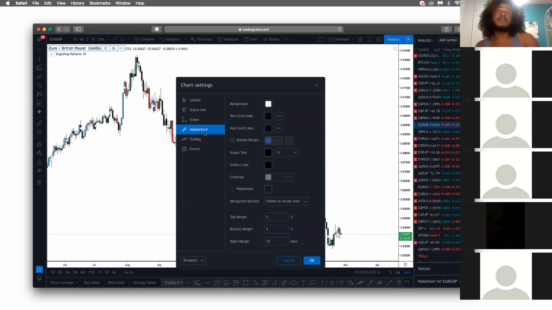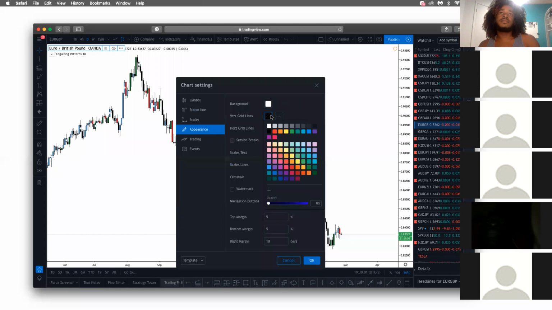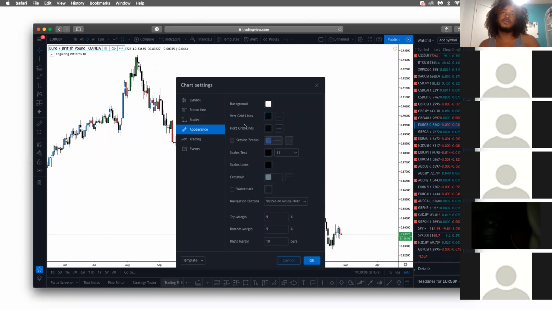I have the background white, vertical grid lines invisible. You just drag the opacity to the most left to 0. I have the horizontal lines invisible and the rest of the options off, right? The crosshair, I have it light gray with dashed lines. Text, I have it black, right?